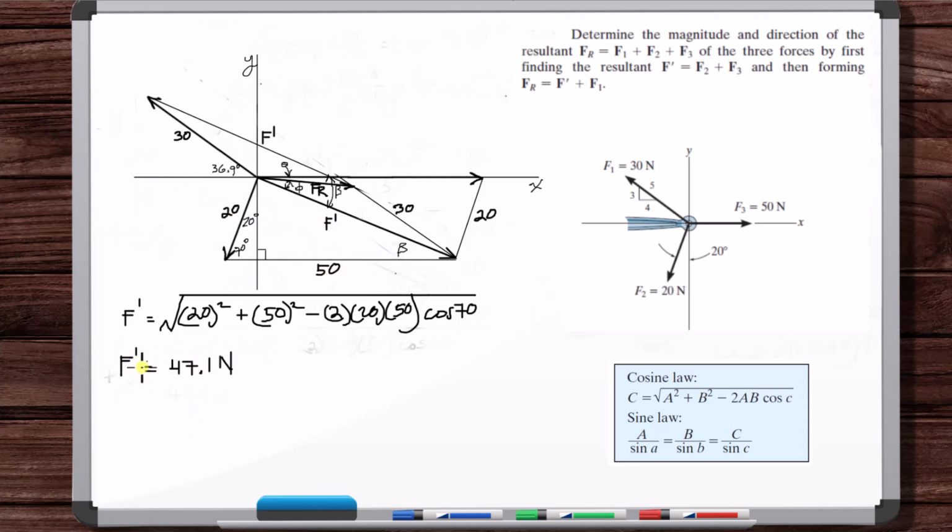We can use the law of sines easily here because we've got F prime and these two sides. So sine of 70 over F prime, which we know F prime is 47.1, is equal to sine of beta over 20.